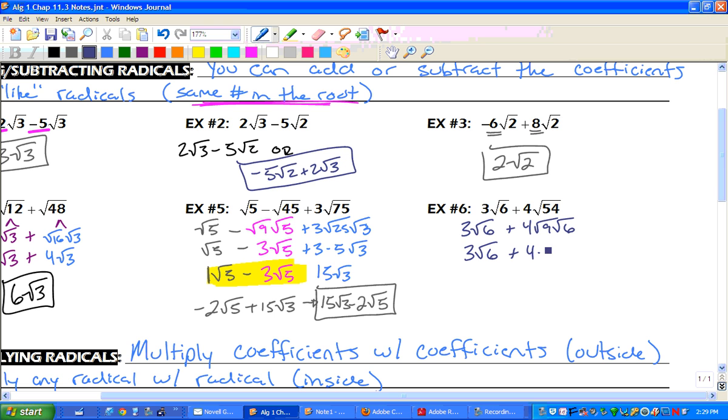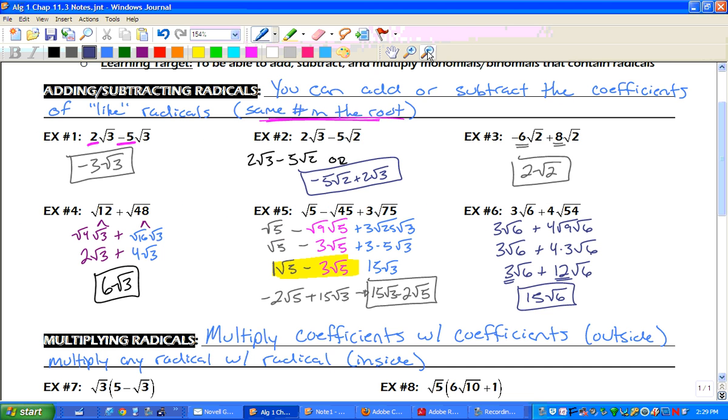So that changes to 4 times 3. 3 root 6 is the same, and 4 times 3 is 12. Now, are they the same? Yep. So I'm going to add the coefficients, and then we're left with 15 root 6. Okay. All right.